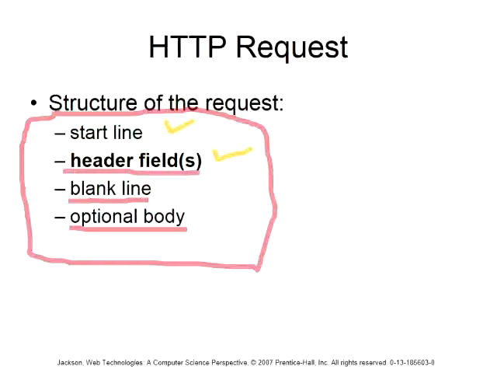But in the HTTP request, we begin with a start line, and in the HTTP response, here we have not start line, but status. Good. It's clear the structure of an HTTP request and the structure of an HTTP response.